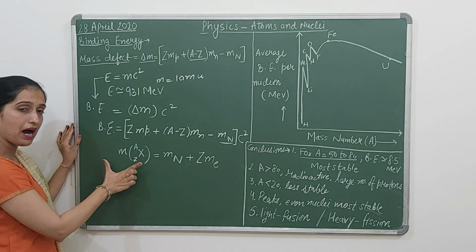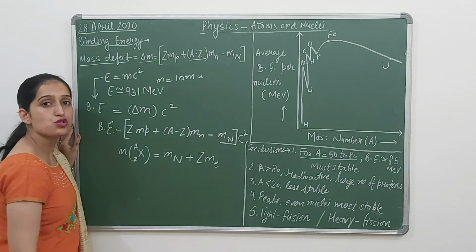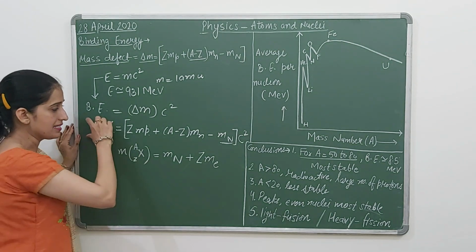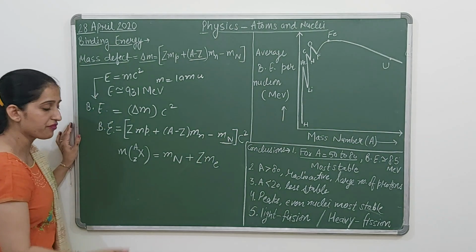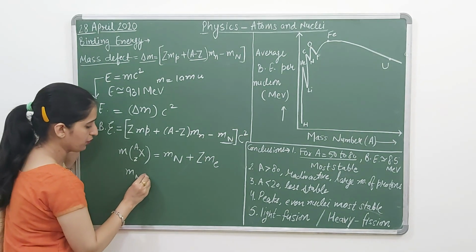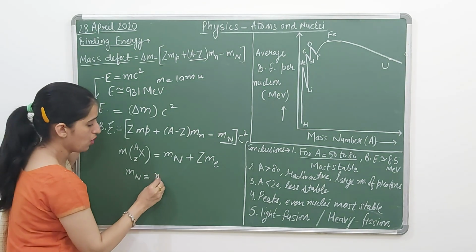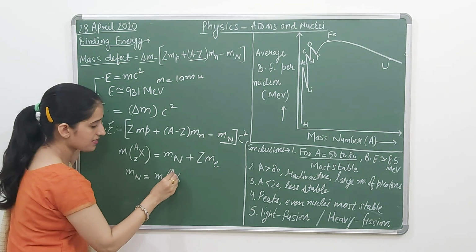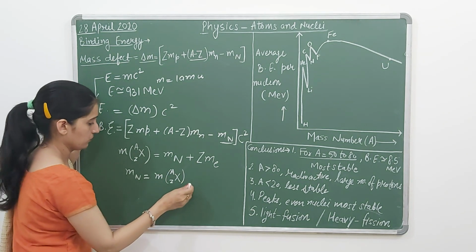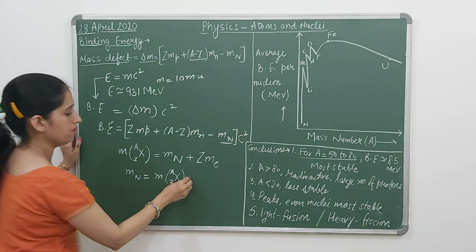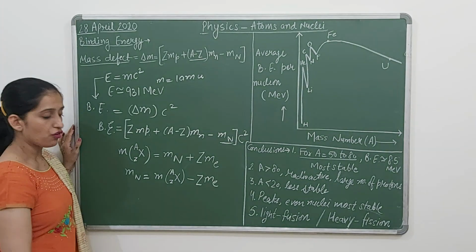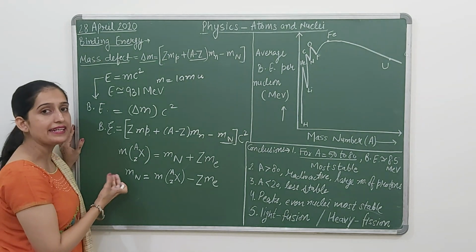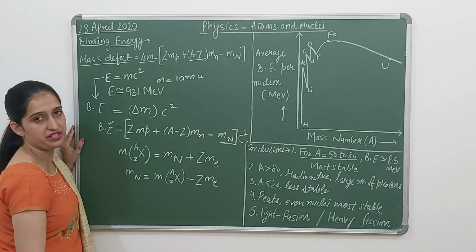So we have mass of atom equals this. In this equation, we have mass of nucleus, so we calculate from here. Mass of nucleus is equal to M(X,A,Z) minus Z Me.